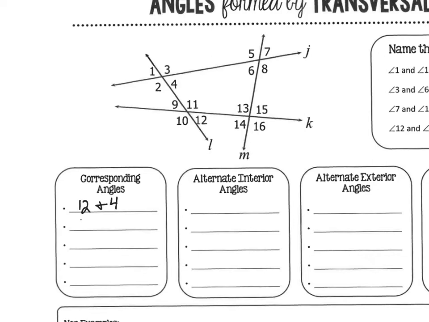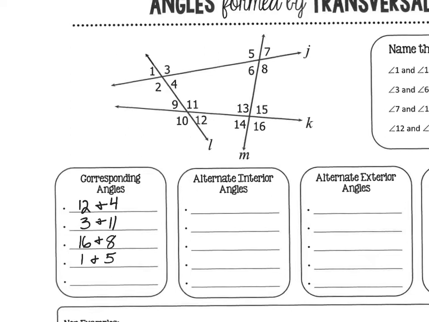3 and 11. Okay, let's move off of that line. Let's go to the other side. What's another one on the other side? Good. Okay. What's another one? We need 2 more. 1 and 5. Yes. Good.